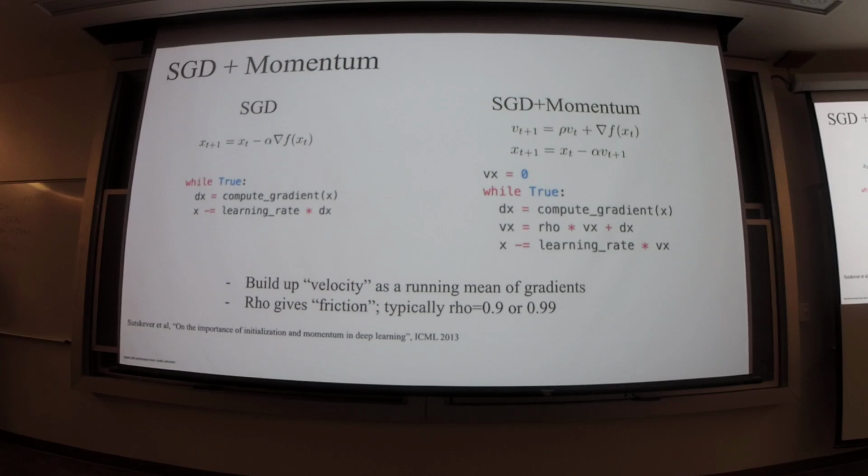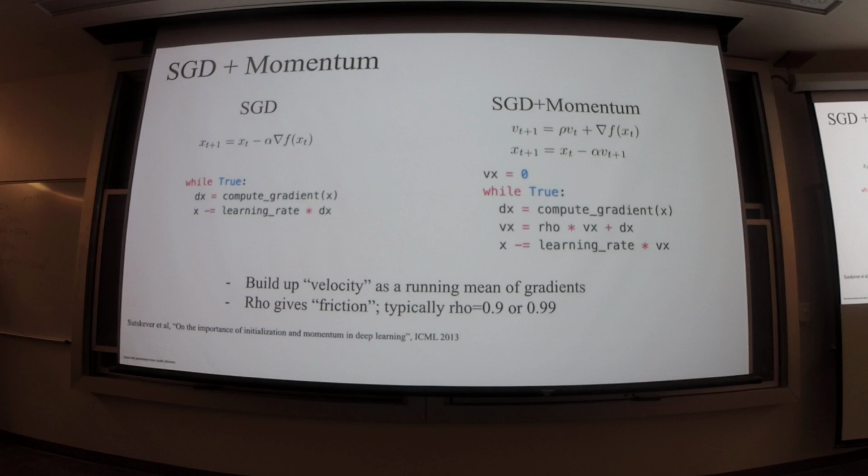And again, I can expand this out. So this is going to be rho squared times v1, rho squared times the gradient of f at x1, plus rho times the gradient of f at x2, plus the gradient of f at x3. So you can just kind of see what the pattern is here, right?